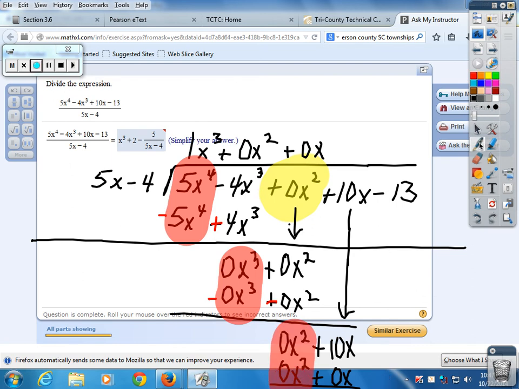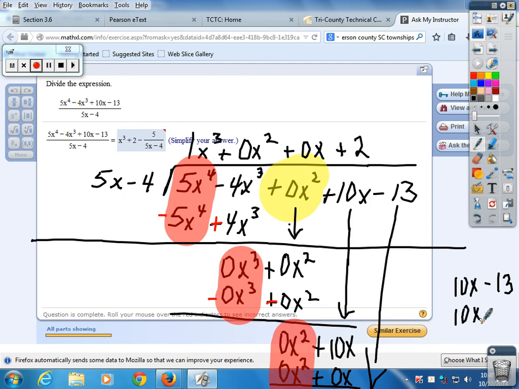What is 10x plus 0x? 10x, and that negative 13 comes down to help out. How many times will 5x go into 10x? 2 times. 2 times 5x is 10x.